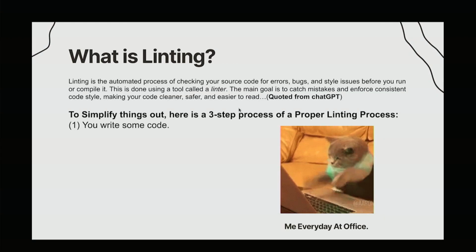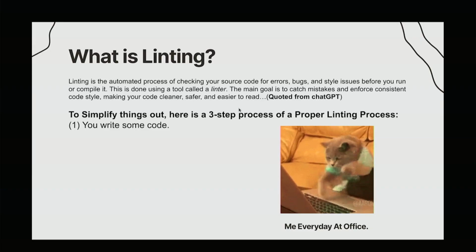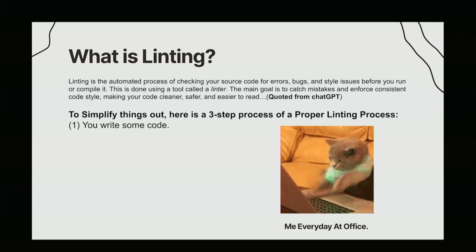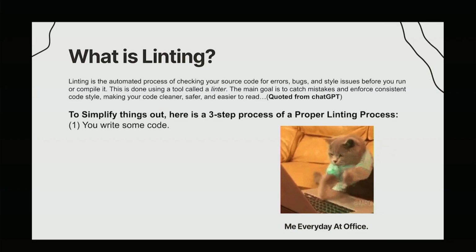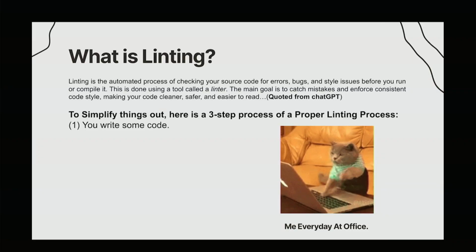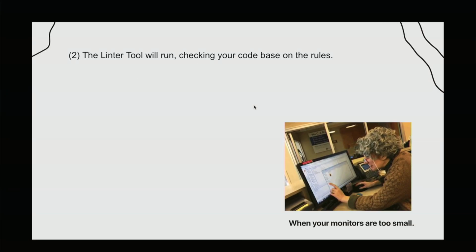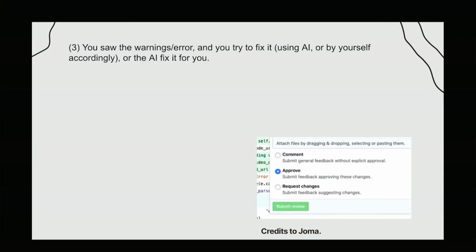Okay, so let's talk about what linting actually is. Like in most programming languages, there is a three-step process. You write some code, like you build a feature or a function. Then you have installed a linter tool inside the IDE to help you check if anything is wrong.